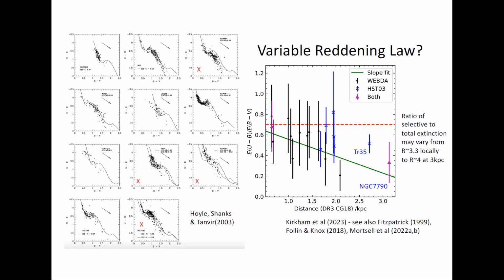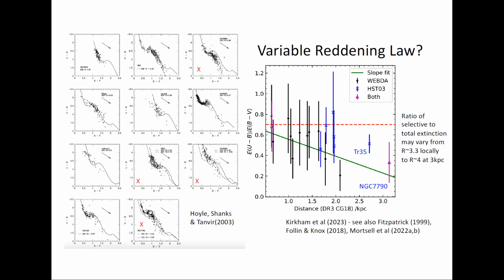Briefly, another thing he doesn't seem to worry too much about is, does the reddening law in the galaxy vary? This is open cluster data. I'll just point you at one of these, this one here, which is NGC 7790. This one's one of the furthest open clusters that we're discussing here at 3 kiloparsecs.